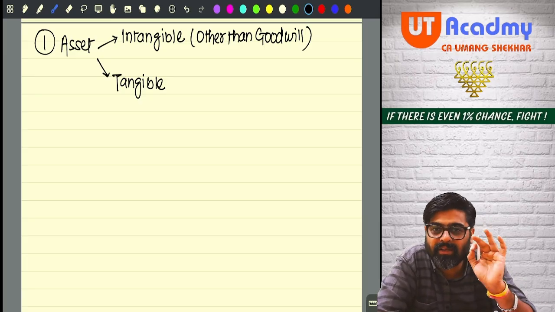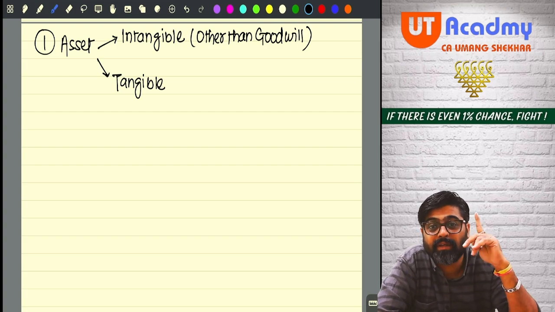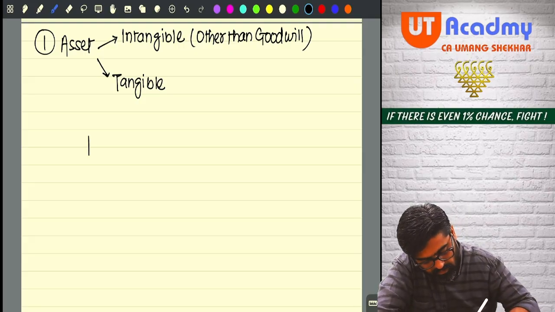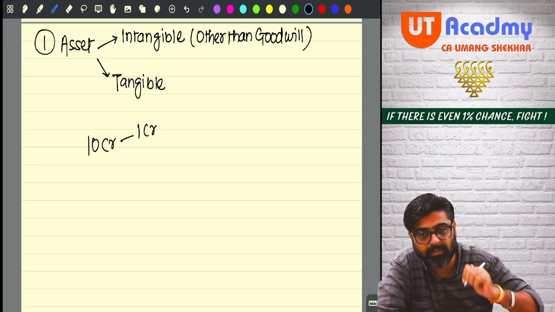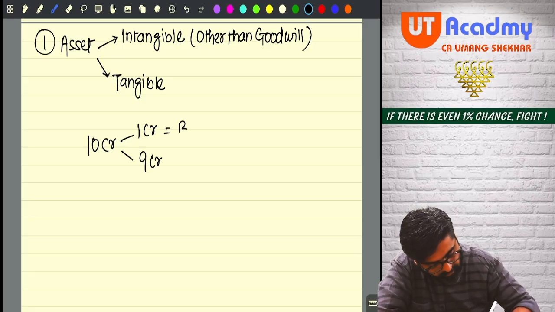So now the transaction is worth only 2.5 crore. But the bank entries and everything will be of 10 crore. Getting my point? See, out of 10 crore, if 1 crore was for his business, 9 crore I gave for what? Goodwill.